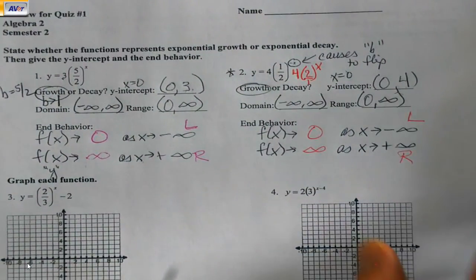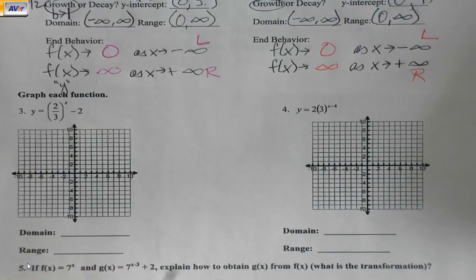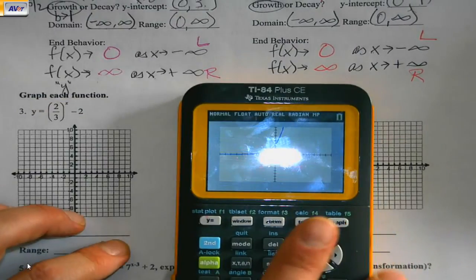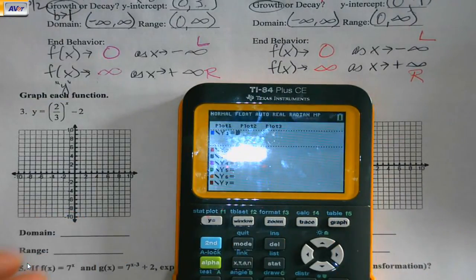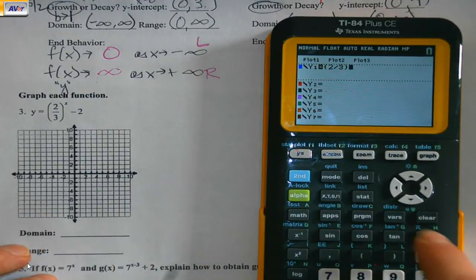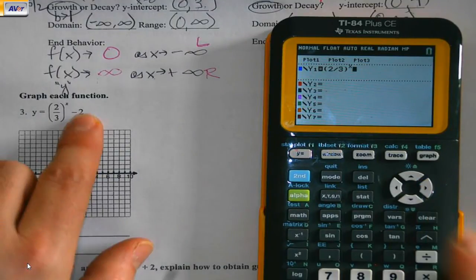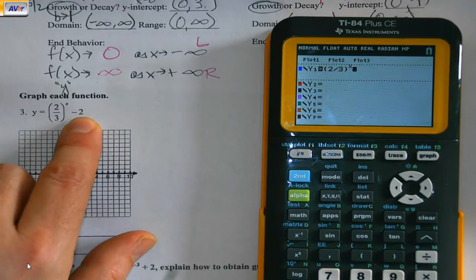All right. So the next ones, we're just going to be doing some graphing. Again, your choice on how you want to deal with the graphing portion. I have a feeling a great many of you are going to go the calculator route here. Let me get it where we can actually see it here. Again, make sure that when you're done with your exponent, that -2 isn't up here. It's on the end.